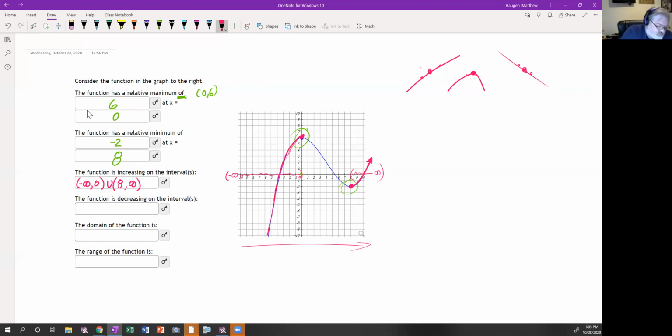Where's the function decreasing? Well, it's decreasing along that range. So it's decreasing from the 0 until the 8. We'd almost want to say it's decreasing everywhere else. But again, remember, everywhere else except the 0 and the 8. So again, at 0 and 8, it's neither decreasing nor increasing.